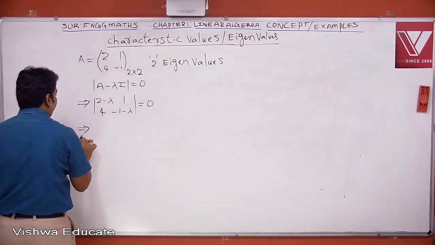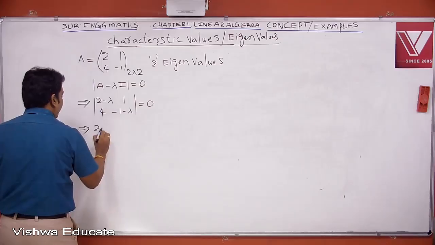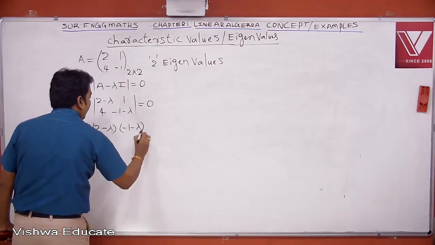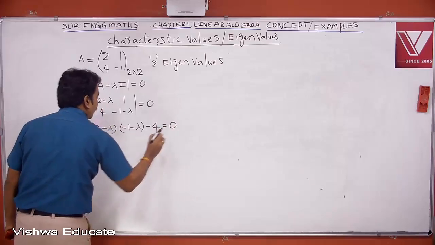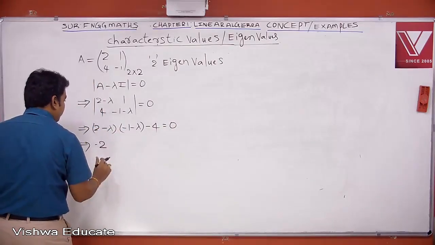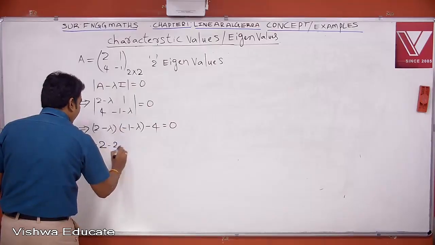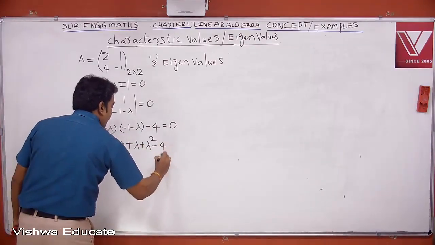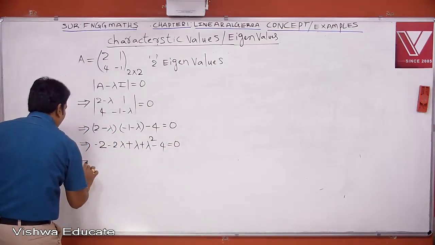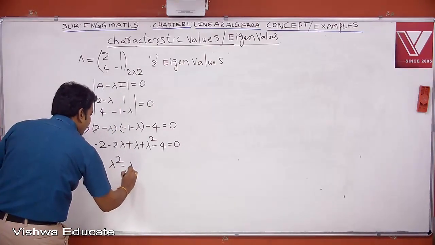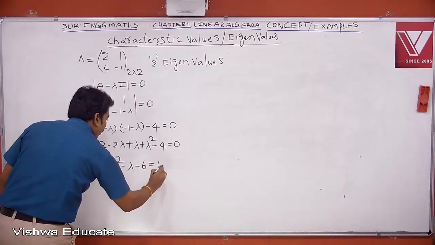This implies (2 minus lambda) into (minus 1 minus lambda) minus 4 equal to 0. This implies 2 into minus 1, minus 2 lambda, plus lambda square, minus 4 equal to 0. Now this is lambda square minus lambda minus 6 equal to 0.